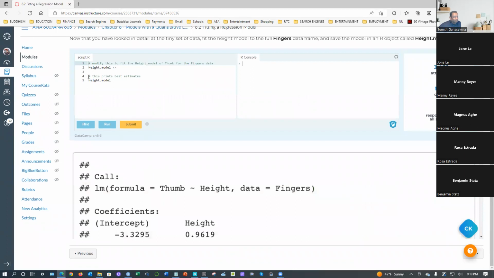See, height model, some length with the finger data. See here. So here, length, height. I'm gonna go to height. Okay, data, fingers.